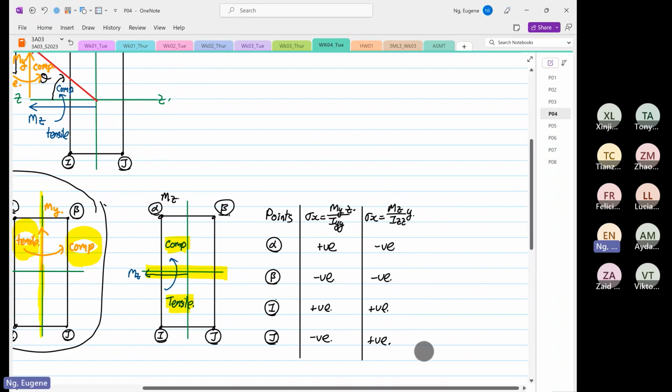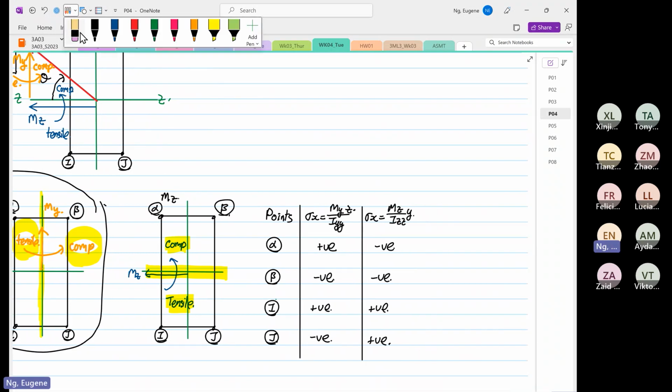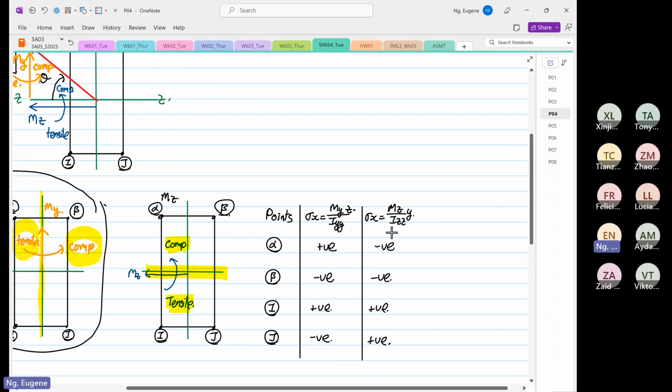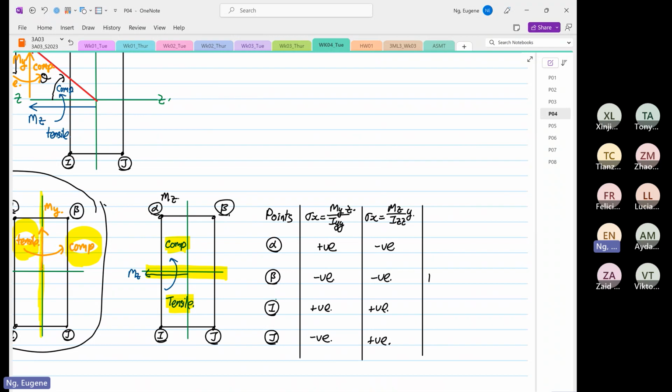Something very interesting occurs now. If I have your attention on this table we're writing out, point beta is going to have the maximum compression. And point I will be equal to your maximum tensile.